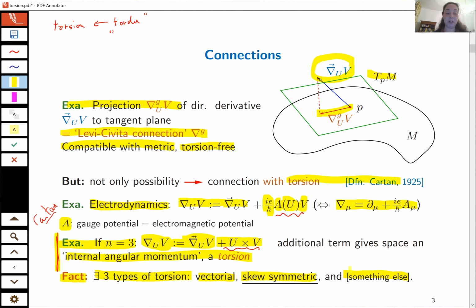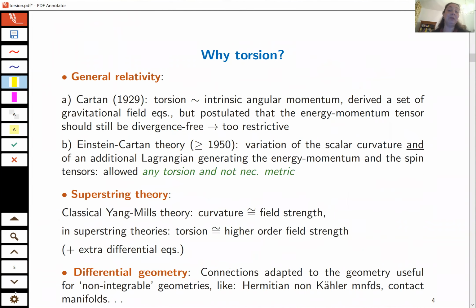Didn't lose anybody so far? Good. Okay, so why torsion? Well, the first motivation was from general relativity. So Cartan, around 1929, 1930, had this idea of viewing torsion as some intrinsic angular momentum of space.